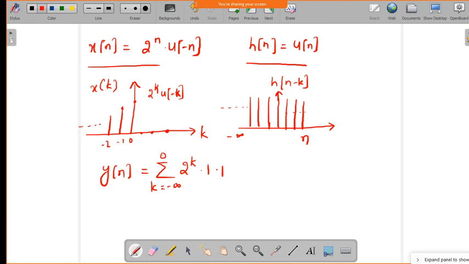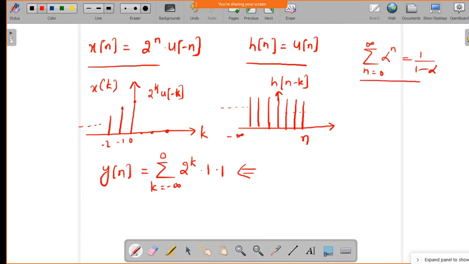Now this sum is from minus infinity to 0, but we need to reduce it to an expressible form. We know the summation from n equal to 0 to infinity of alpha power n, or alpha power k, is equal to 1 over 1 minus alpha.